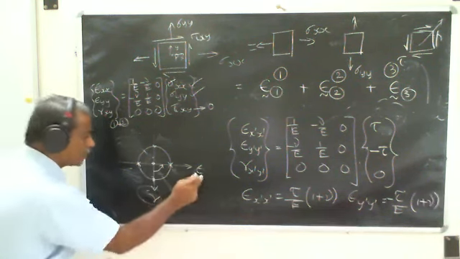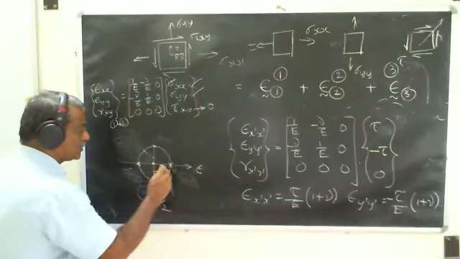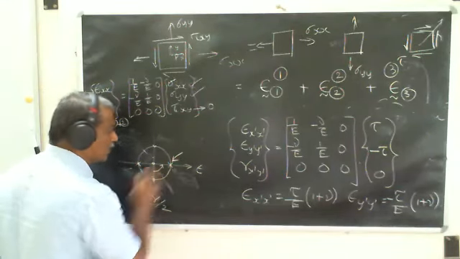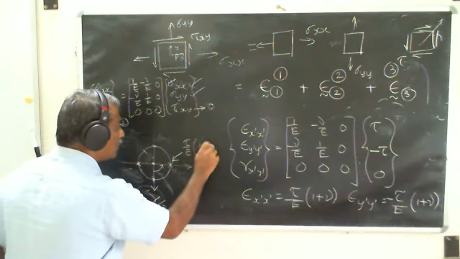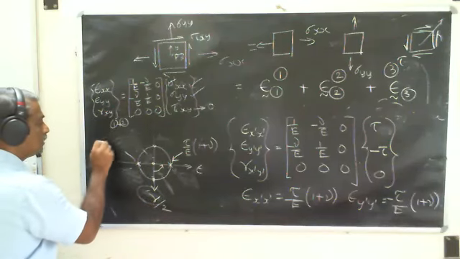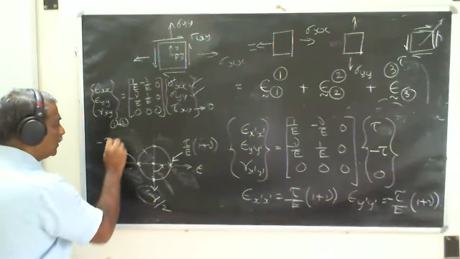Because this is normal, this is shear strain, normal strain axis. So I'm now looking at this, which is tau by E times 1 plus nu, and this is minus tau by E into 1 plus nu.